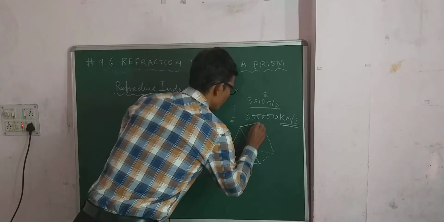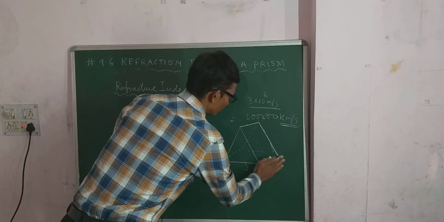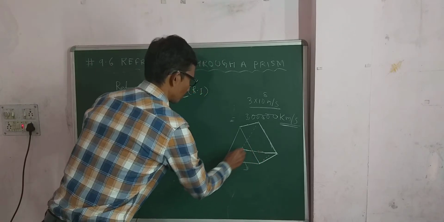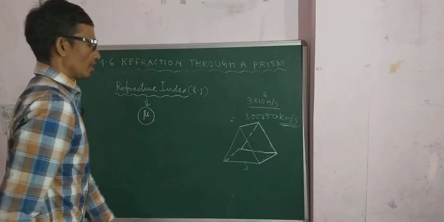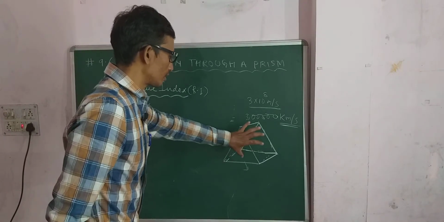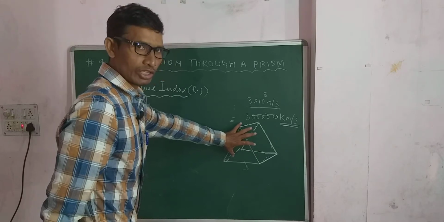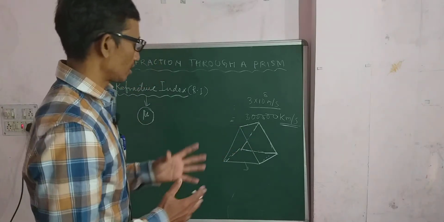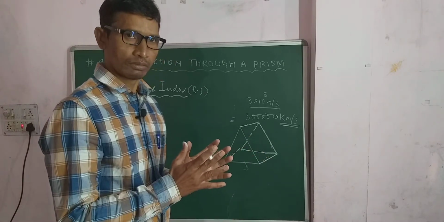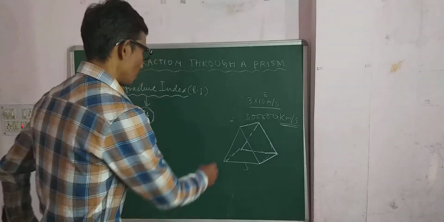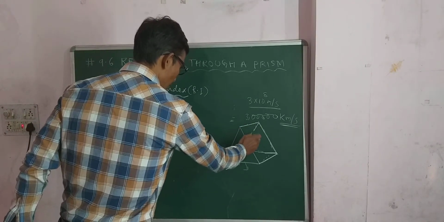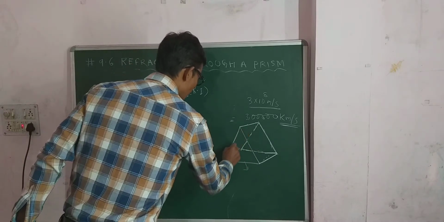So this is the triangular prism. It's a hard equilibrium transparent medium. Equilibrium means the lattice consists of material or molecules that are uniform. So it is a hard transparent equilibrium material.